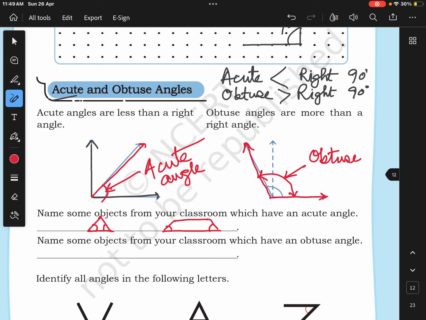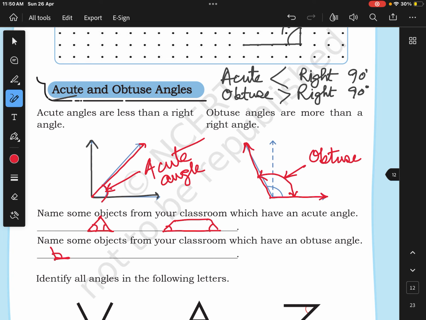Okay, name some object from your classroom which has an obtuse angle. If your classroom has a pushback chair, in a pushback chair the back of the chair and the seat of the chair have an angle.